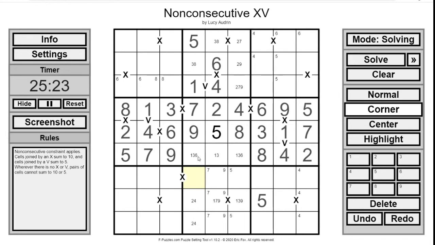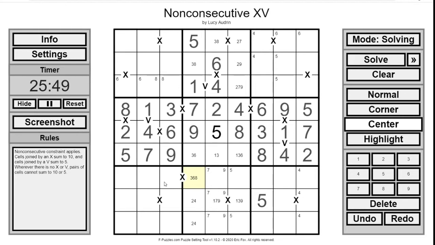Wait, this can't be a 1. So this is 3, 6, or 8. So it could go 3, 7, could go 6, 4, could go 8, 2. Are you serious?